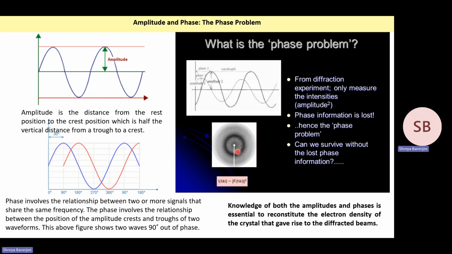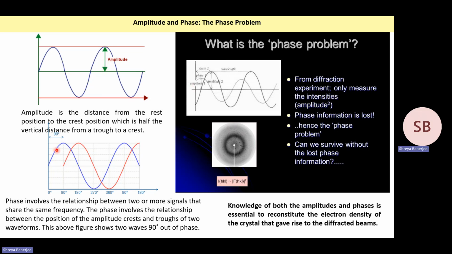Now there is one problem in X-ray crystallography. Whenever you have a diffraction pattern, so basically the X-rays are passed through the crystals, and then the X-rays are deflected by the electrons and atoms in the crystals, and you get a pattern called the diffraction pattern, which looks like this. From the diffraction pattern, you will get an idea of the intensity, that is the amplitude of the X-ray.